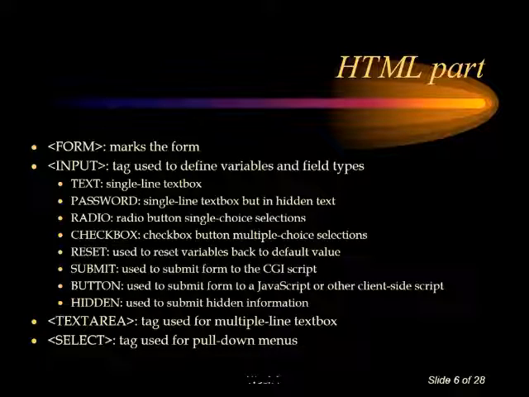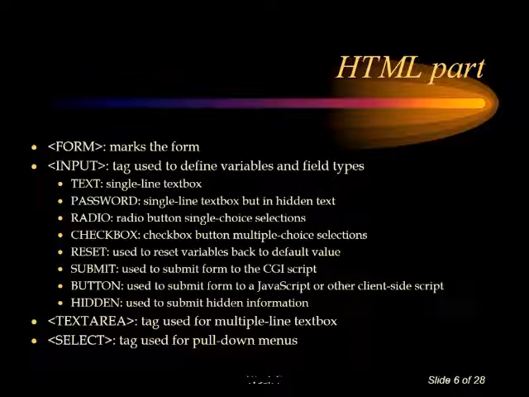If you are doing input type equals email, it will change the keyboard to make it easier to fill in email addresses. So the @ symbol becomes more prominent and that kind of stuff.